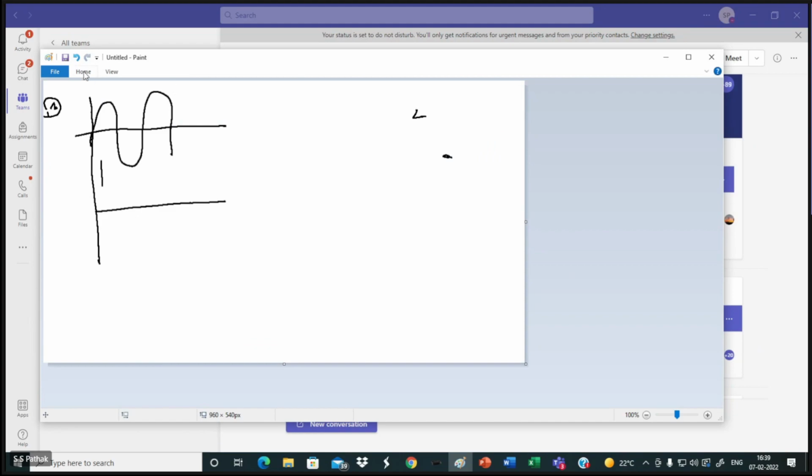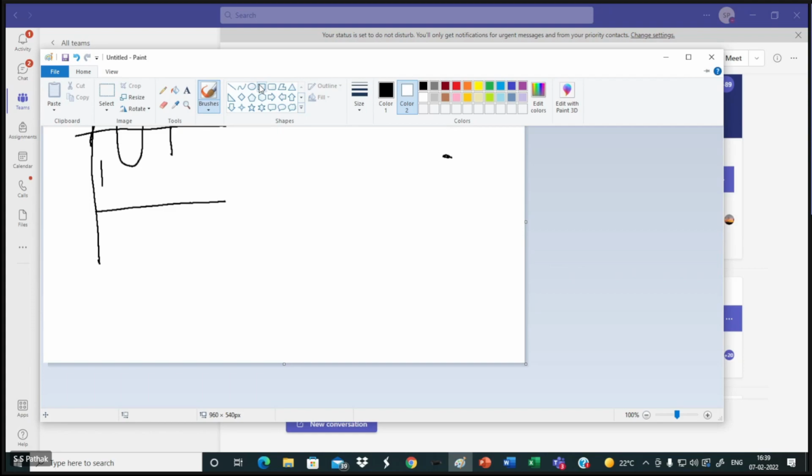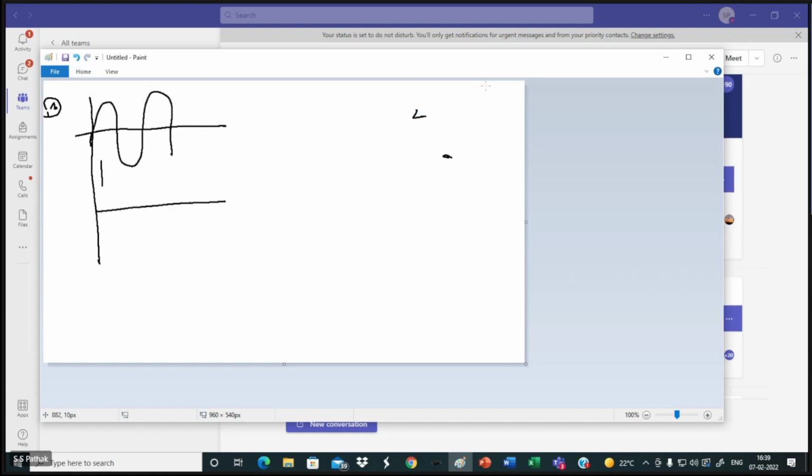Sir, color 2 is white. That's why it is not coming. Now, color 2, I have to change. I want to make it red. The red has not gone there. Even the green is also not going there.